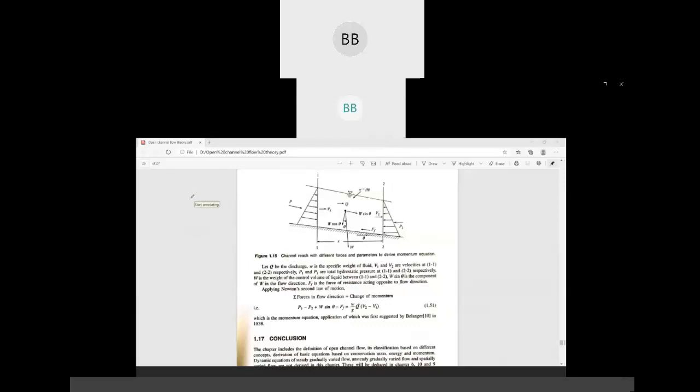So what will be the final expression? That is P1 minus P2 plus W sin theta, minus the friction force, as it is in the opposite direction, which is why we have used negative, equal to density multiplied by discharge multiplied by v2 minus v1.